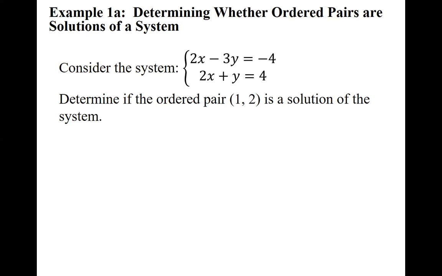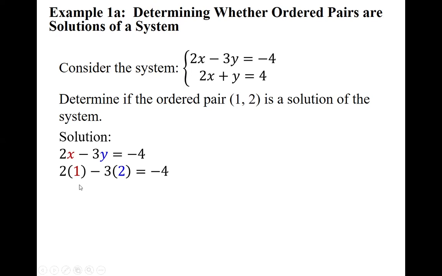So we take (1, 2), and we plug in 1 for x and 2 for y. Into the first equation, we get 2 minus 6 is -4. That checks. So it would be a solution to the first equation.